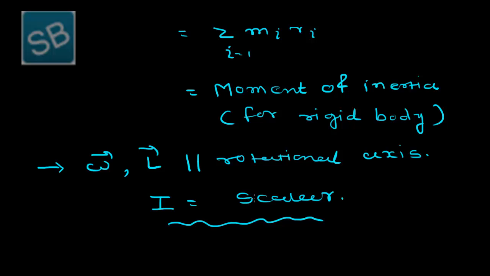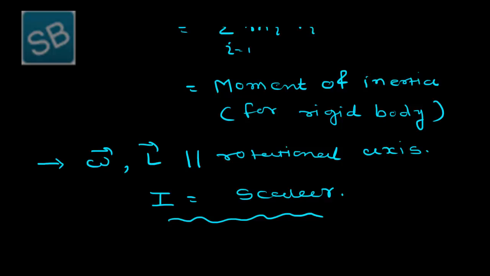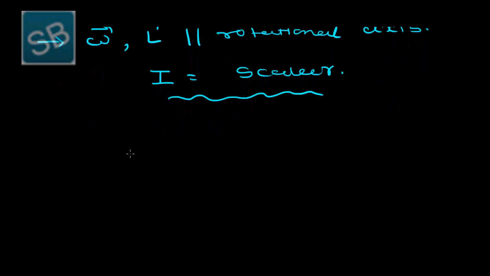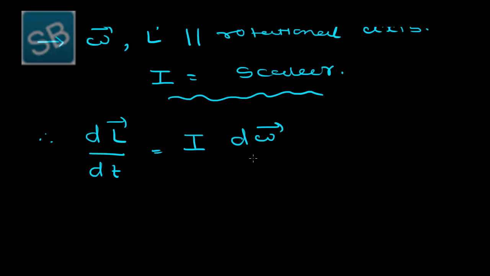Now I am differentiating equation number 4 with respect to time. Therefore, dL by dt. Now this moment of inertia will not change with respect to time, so that is constant, but the angular velocity is changing with respect to time. So dL by dt equals I d omega vector by dt.